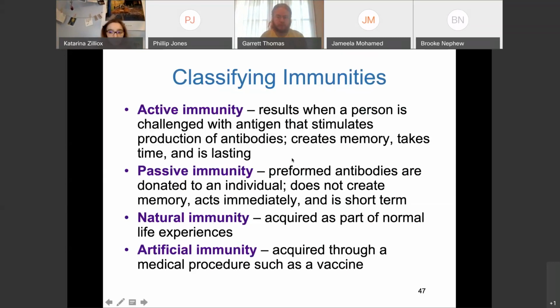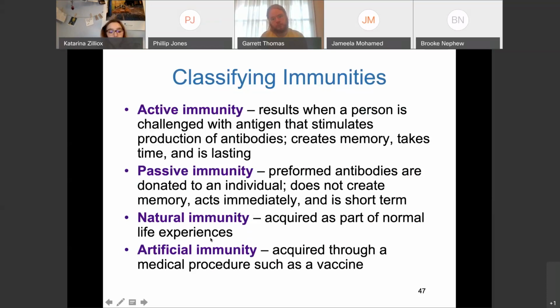Remember we were talking about PAMPs, at the beginning of last class, pathogen-associated molecular patterns. If we're exposed to some kind of coronavirus before, we'll have some molecular pattern that looks kind of similar, and we can start making antibodies to it right away. It won't be nearly as lethal. All right, that's the theory behind it.